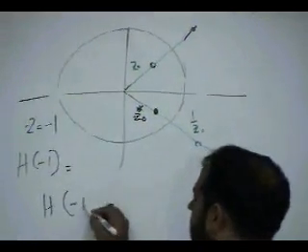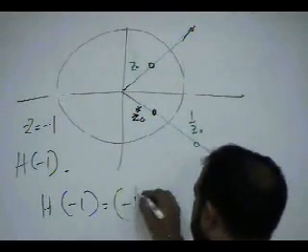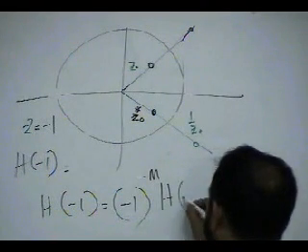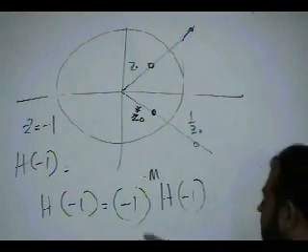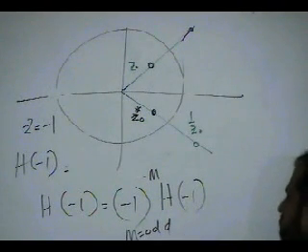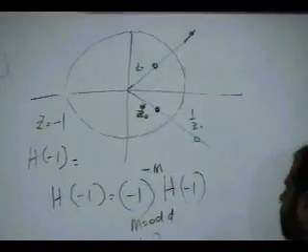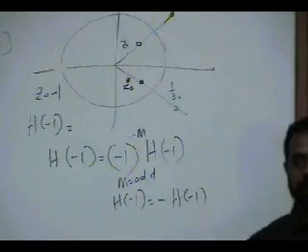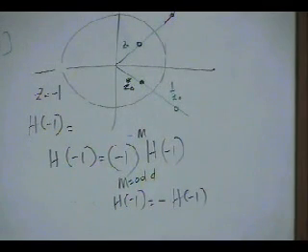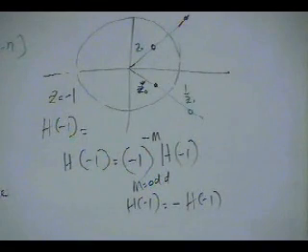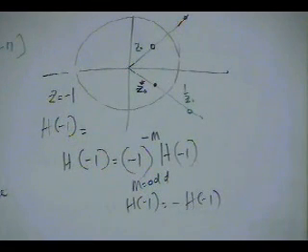So the value of the function at -1 should be equal to -1 raised to the power -m times h of -1. If m is odd, then h of -1 is equal to minus h of -1. Is this possible? Can x be equal to minus x?